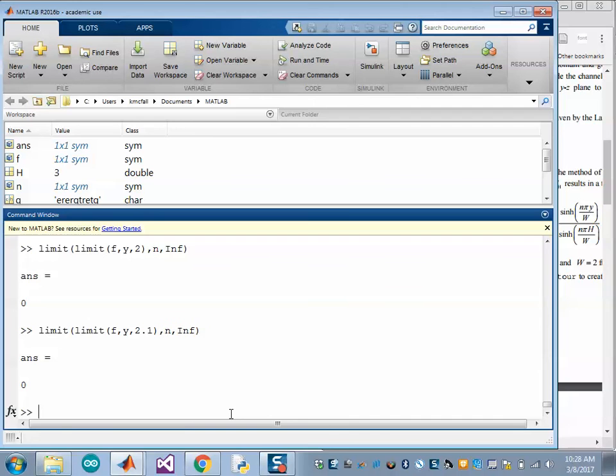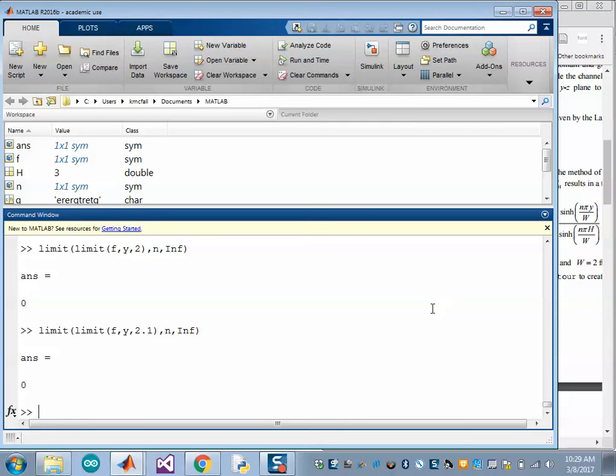The reason is, if you look at this thing here, both the numerator and denominator are going to infinity because n is getting infinite. But when y is smaller than h, because h is 3, remember, even though both go to infinity, the numerator goes to infinity more slowly because y is smaller than h.